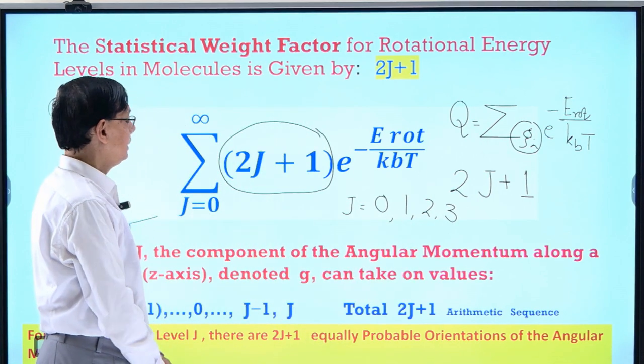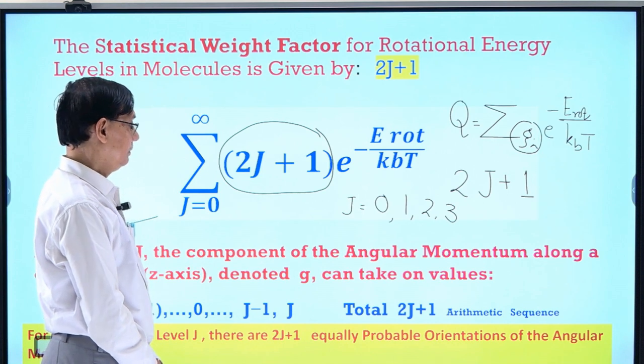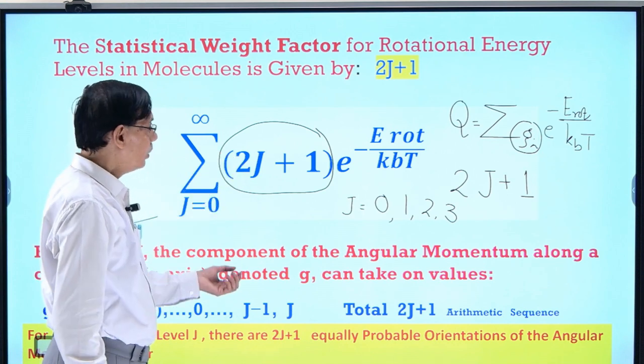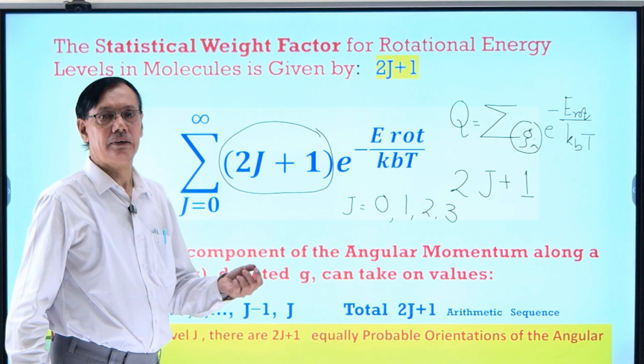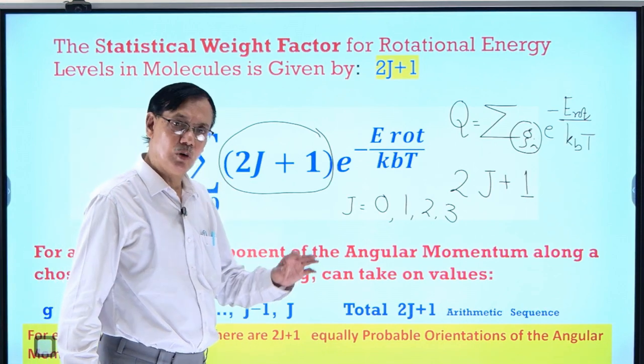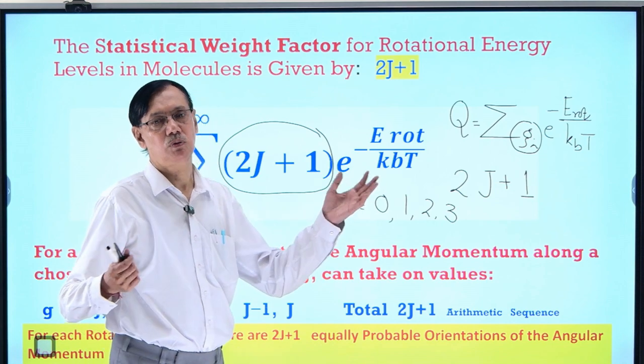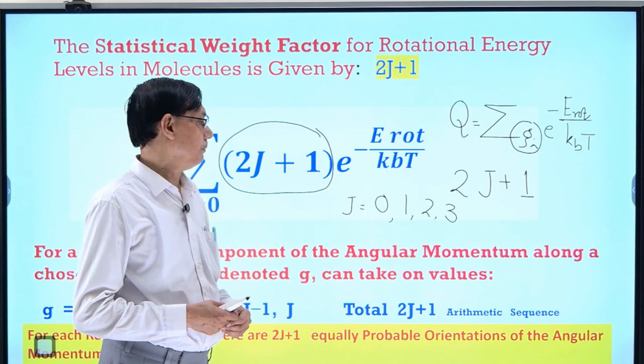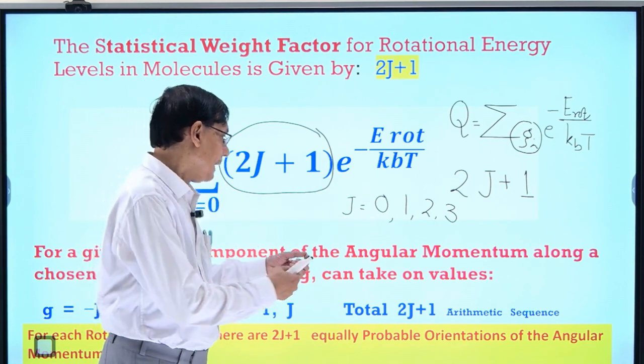So, if you ask me, sir, why is the value of the statistical weight factor equal to 2J plus 1? Yes, that can also be solved with the help of quantum mechanics, and in quantum mechanics you all know there is an arithmetic sequence.